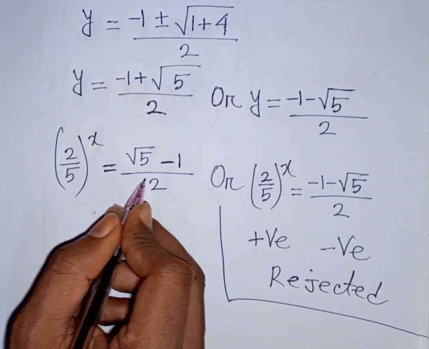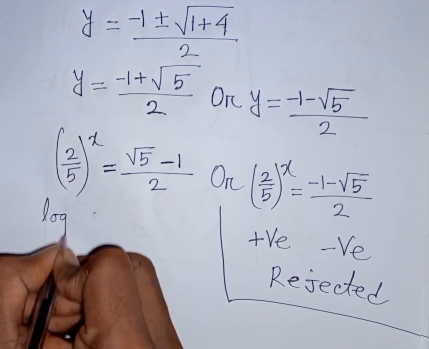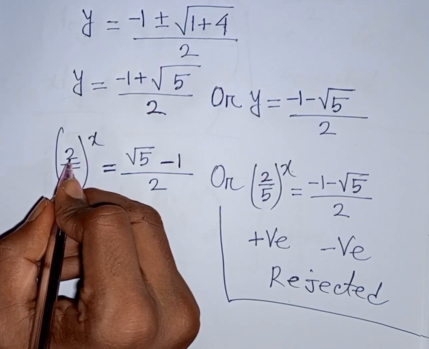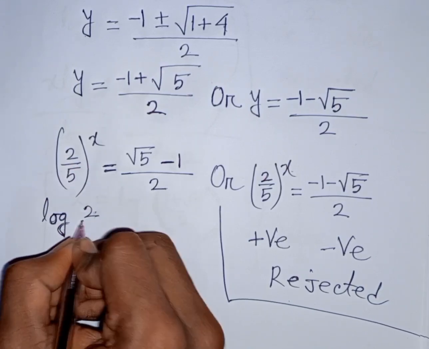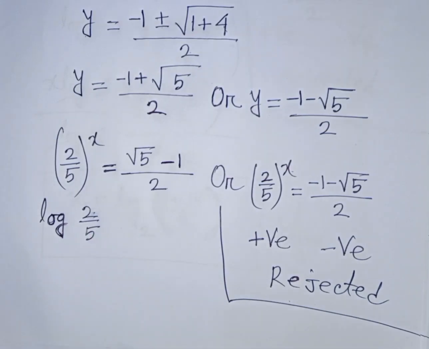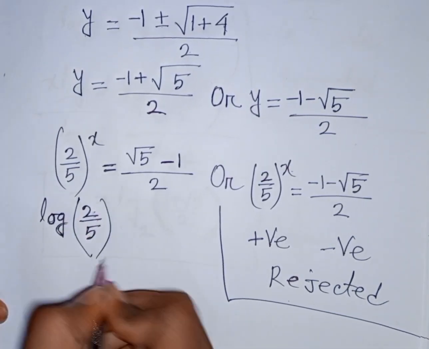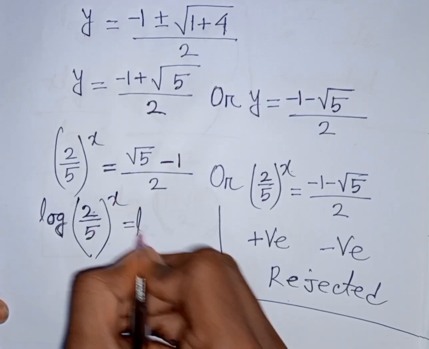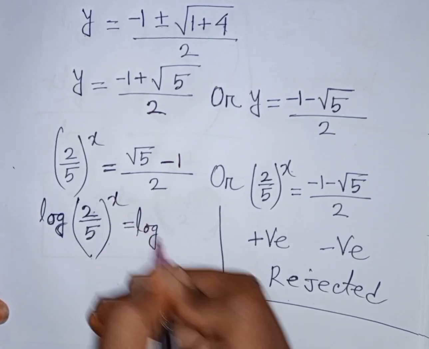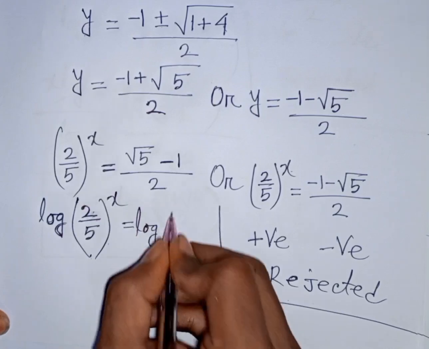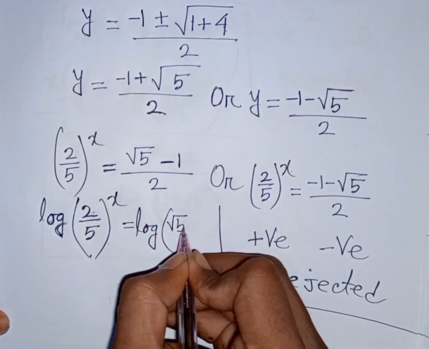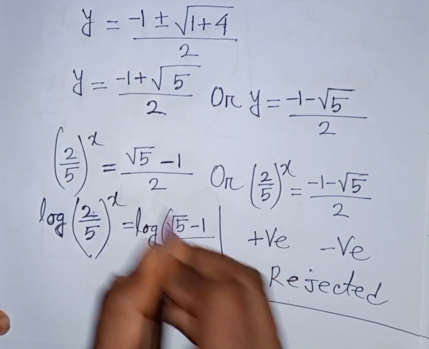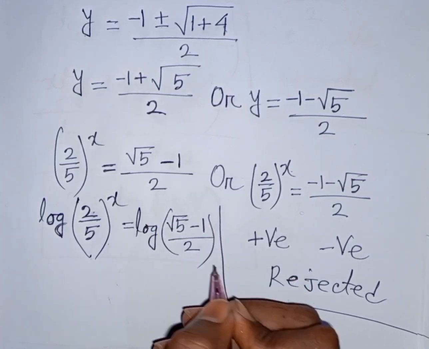Now we take log on both sides. You can write here log of 2 by 5 bracket power x is equal to log of a square root of 5 minus 1 divided by 2.